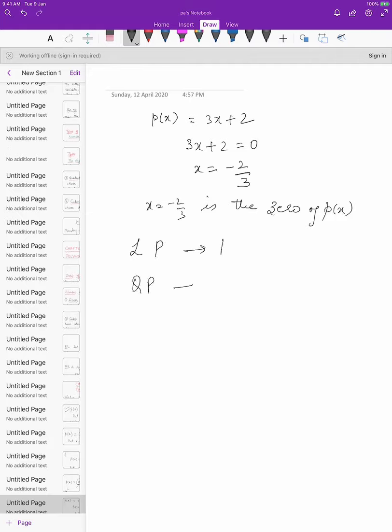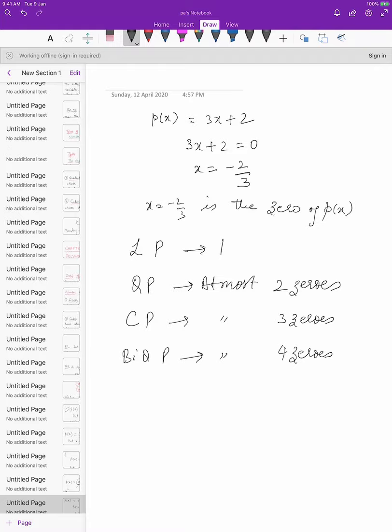Quadratic polynomial, it has at most 2 zeros. You can't say it has 2 zeros always. You can say at most 2 zeros. If it is a cubic polynomial, you will say at most 3 zeros. Similarly, if I say it is a biquadratic polynomial, then we will say at most 4 zeros.